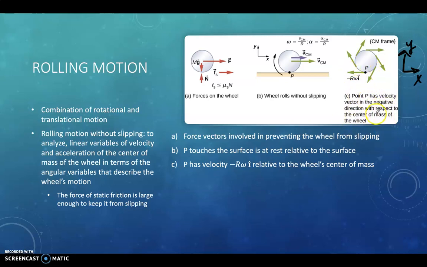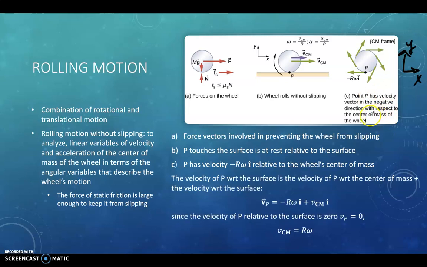Now we can also say that the velocity of P with respect to the surface is the velocity of P with respect to the center of mass plus the velocity of the center of mass with respect to the surface. This might be an easier way to put it.